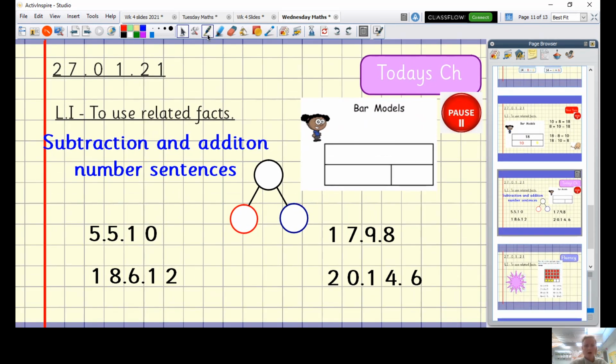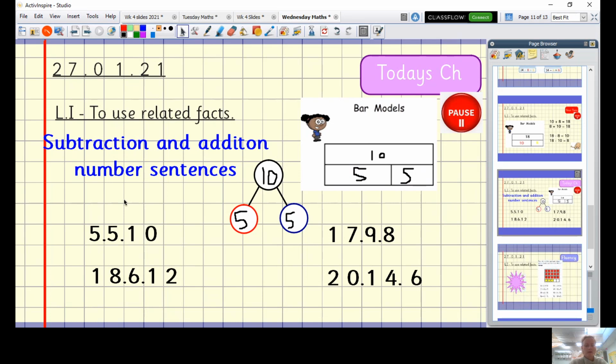So for this example, I would write 10 as my whole, like this, and I would have 5 and 5, and I would also put it into my bar model here, 10 and 5 and 5. Then I want you to write the number sentences.